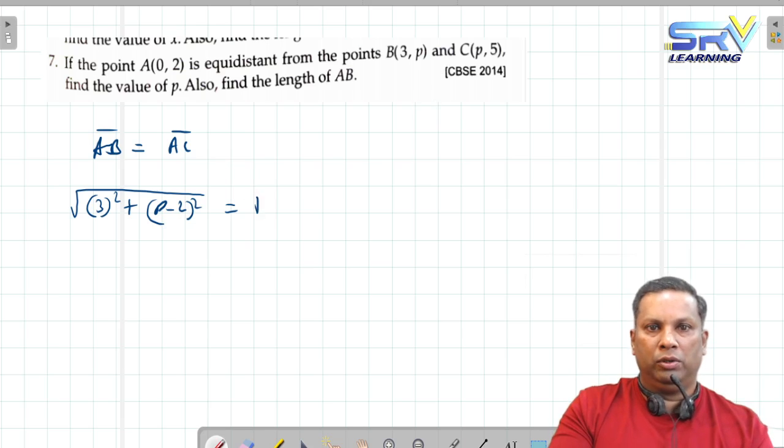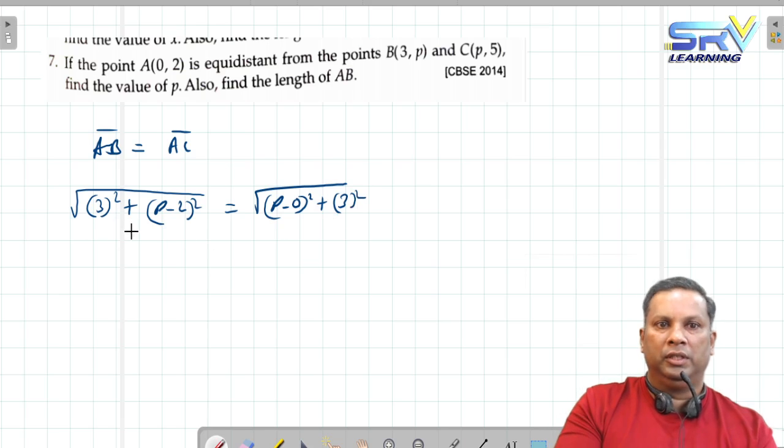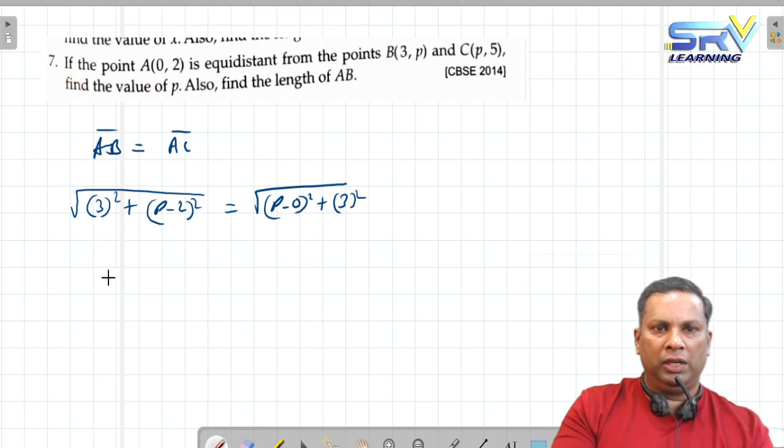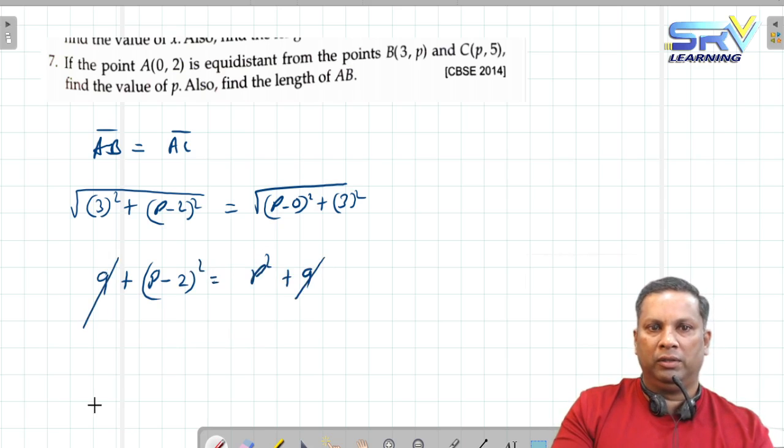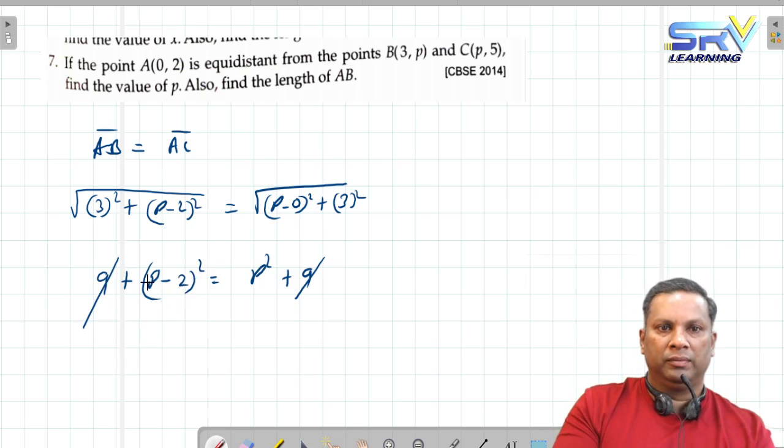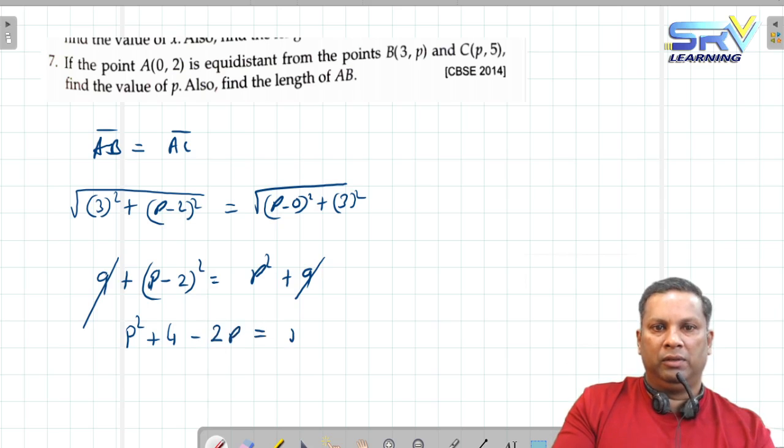It is P minus 0 whole square plus 5 minus 2 whole square, that is 3 square. ठीक है? तो ये square on both sides, root तो चला गया. तो now it will be left with 9 plus P minus 2 whole square is equal to P square plus 9, है ना। तो दोनों तरफ 9 है, ये तो खत्म हो गया। So here we have P minus 2 whole square, so this becomes P square plus 4 minus 2P is equal to P square.